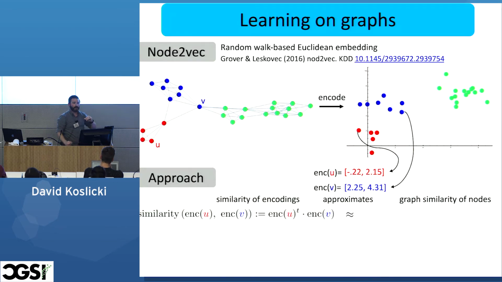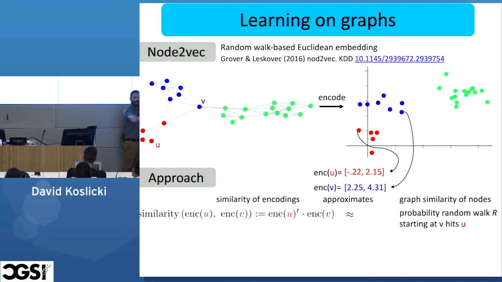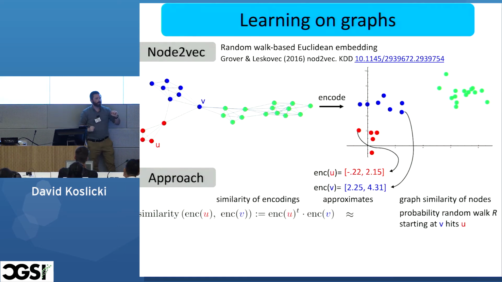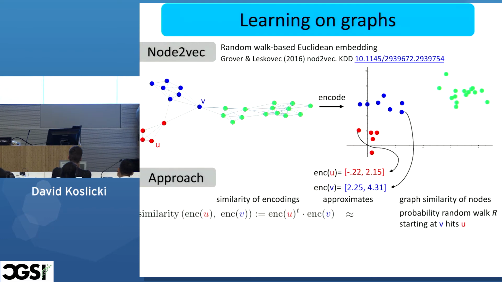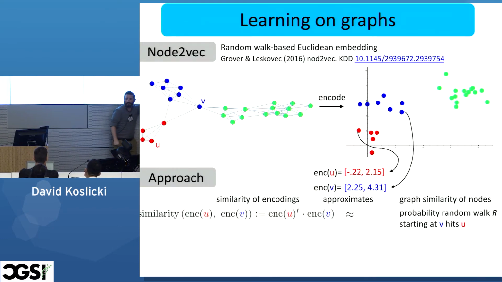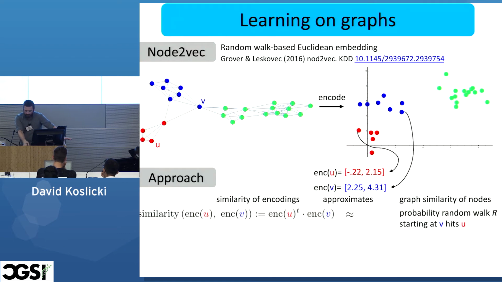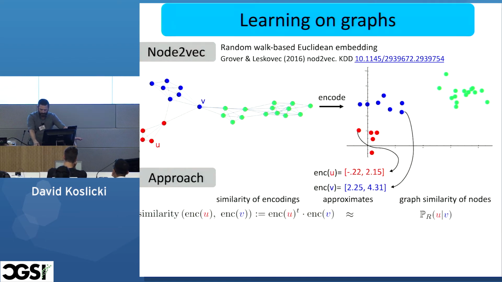Great. So how do you actually do this? We want this graph similarity, and we're going to define it as the probability that a random walk starting at one of the nodes hits the other. Let's say you start at V, and if you have a high probability of hitting U, then you would want your encodings to be similar. That makes sense? Then you have to actually define what you mean by the probability of a random walk starting at one hitting another.